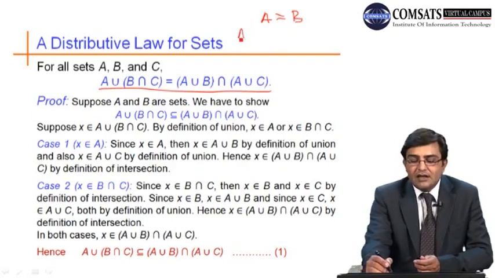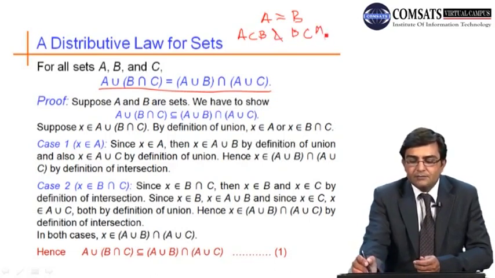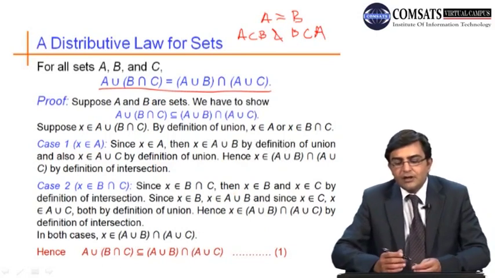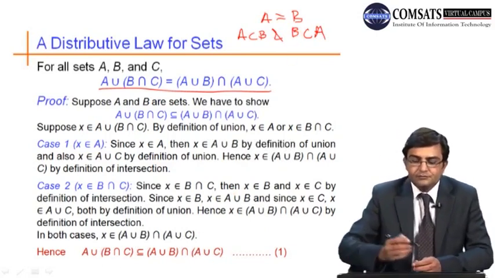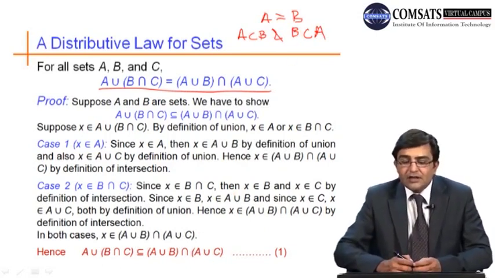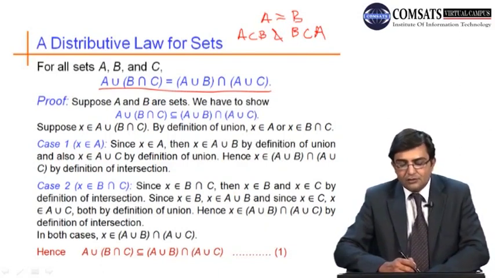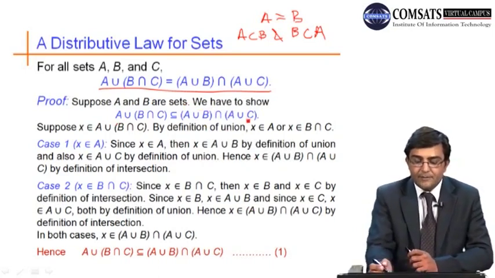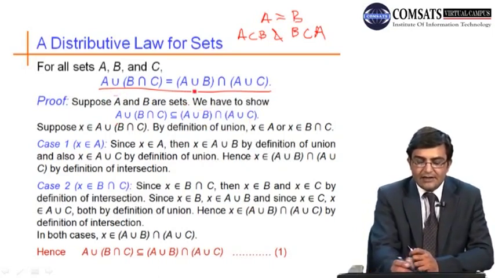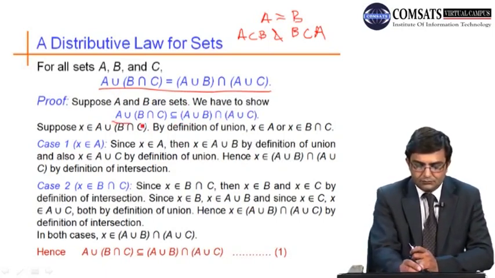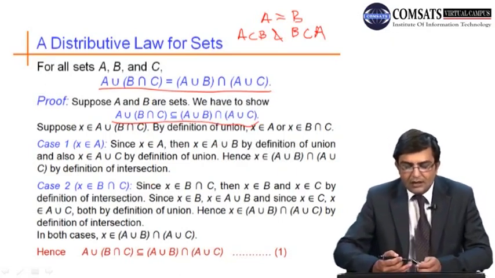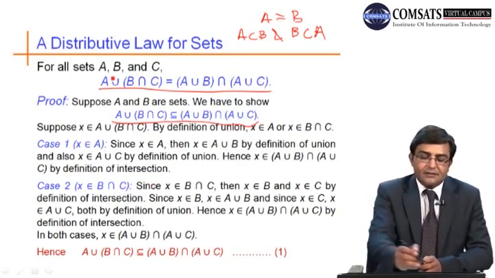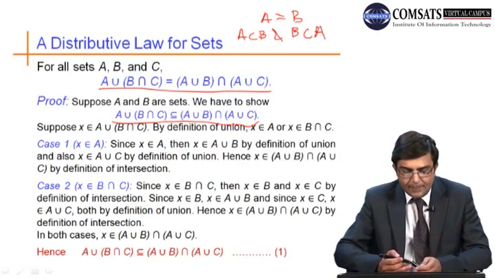We prove that A is a subset of B and B is a subset of A. If we can prove this, then we can conclude that A is equal to B. So this is what we shall prove here. First we prove that this left hand side is a subset of this, as you can see here, and then we shall prove that the right hand side is a subset of the left hand side.